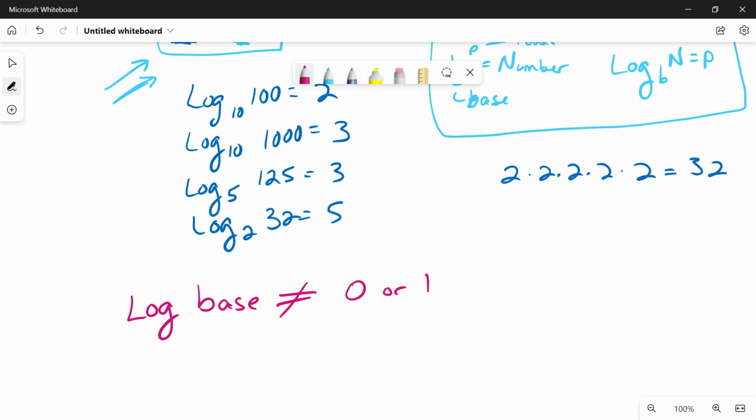We cannot have log base 0 of 3. That doesn't work because 0 raised to any positive number is going to be 0. I can't have log base 1 of 3 because 1 raised to anything is going to be 1. So these do not work.